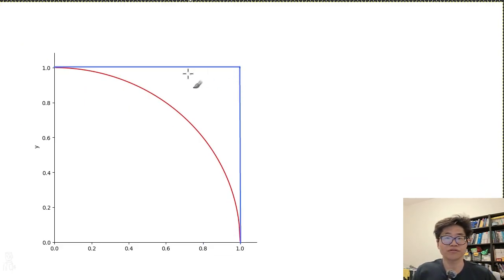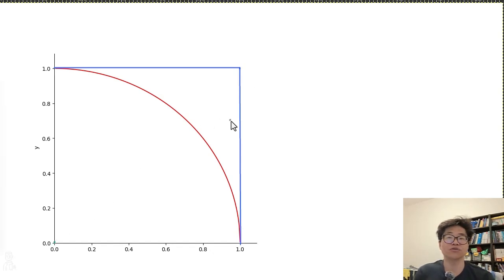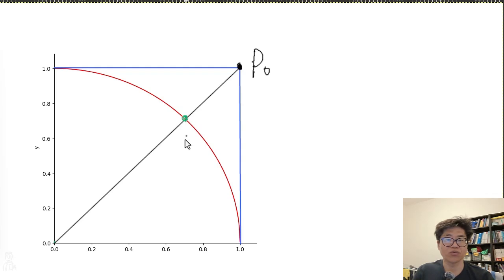So I want to make a square here and fold once. How can I fold this square? First, I draw a diagonal line. This point I call P0. The intersection point I call P1. From P1, I draw a horizontal line and a vertical line. This point I call P1R.